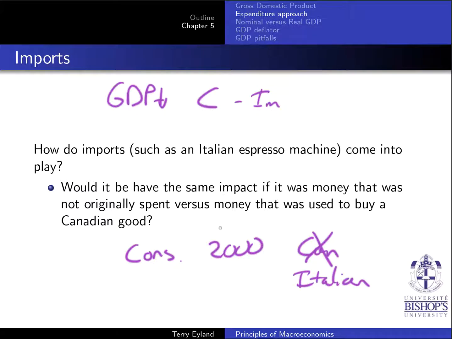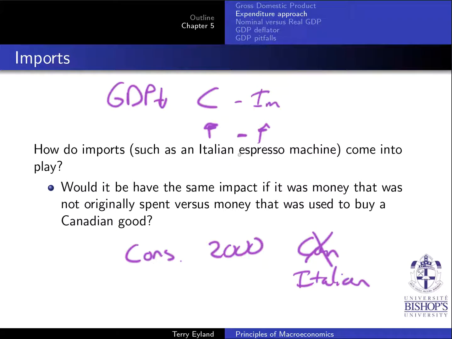If you borrow money to buy a good that's imported, it just won't have any change on GDP because that good wasn't consumed before, so you'll have an increase in consumption of this, let's say 2,000, and you'll have an increase in imports which has negative signs of this 2,000 as well, and these will cancel out.